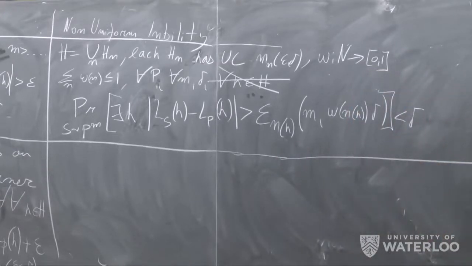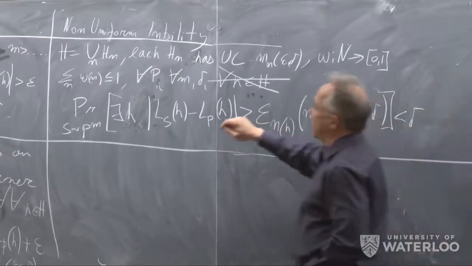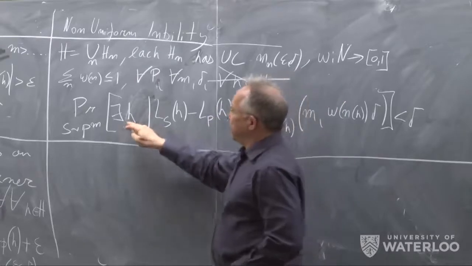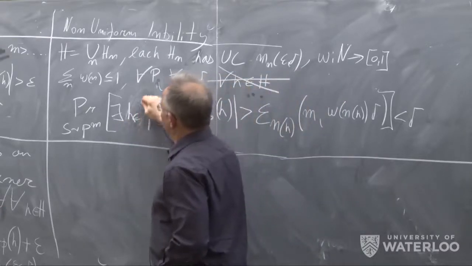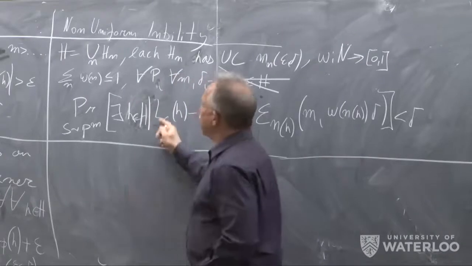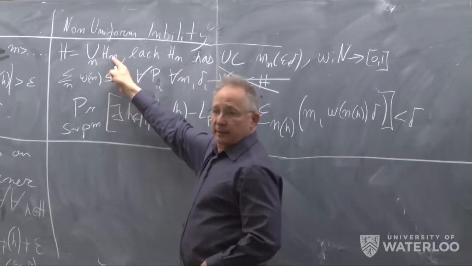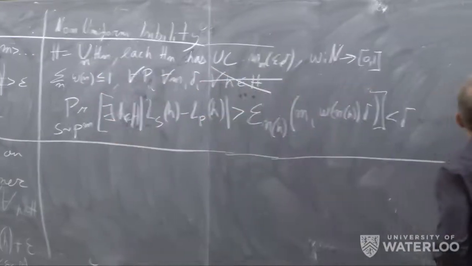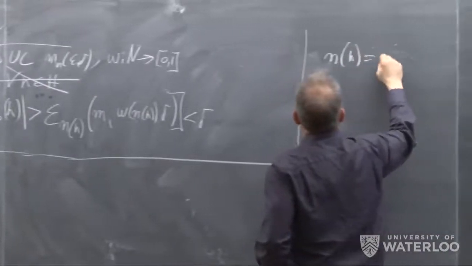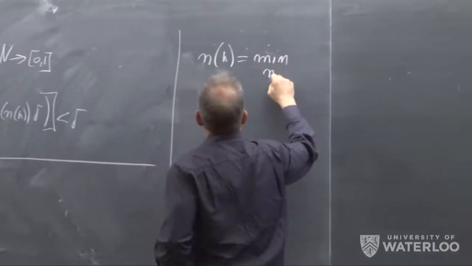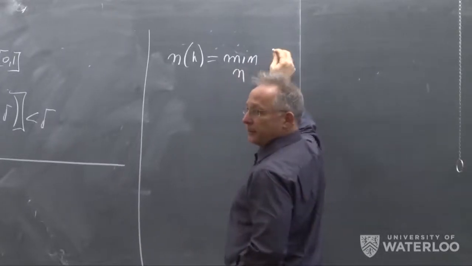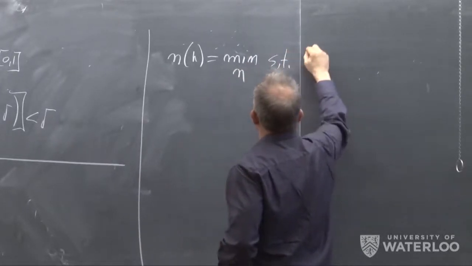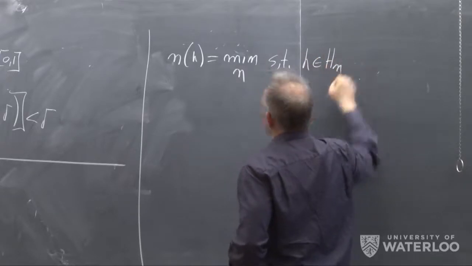Yes? Yes, I will remind everything. So n(h), you see, h comes from this capital H, and the capital H has layers, H_n. So n(h) is the minimum n such that h belongs to H_n.